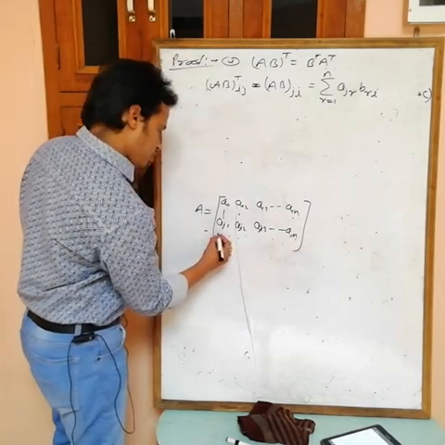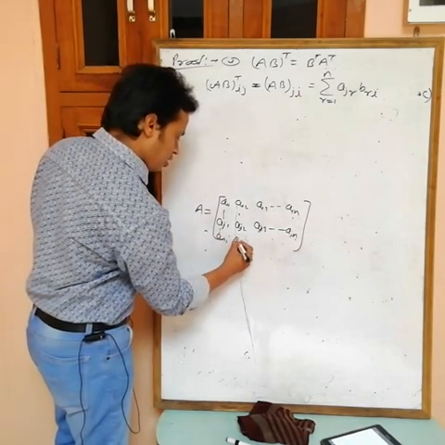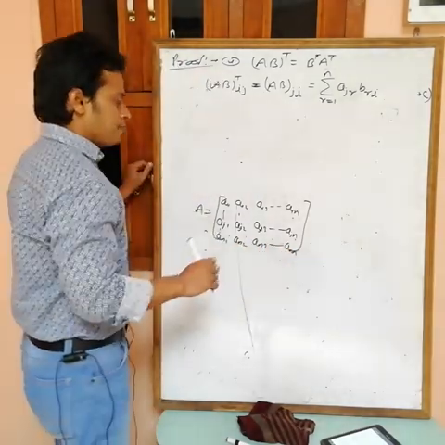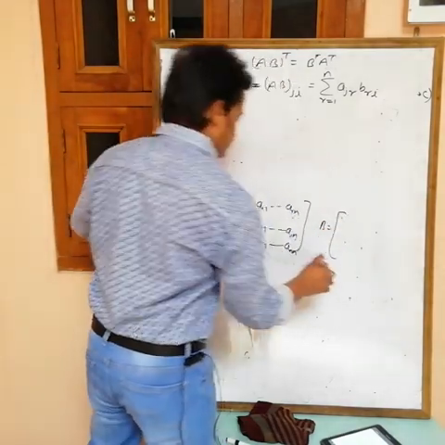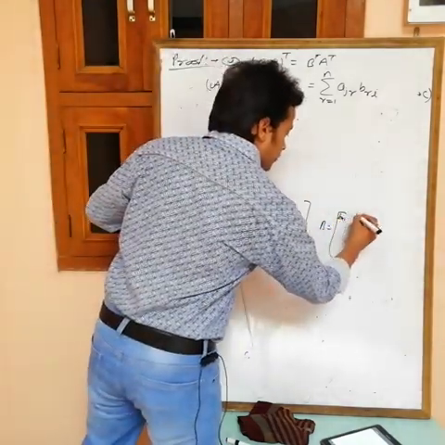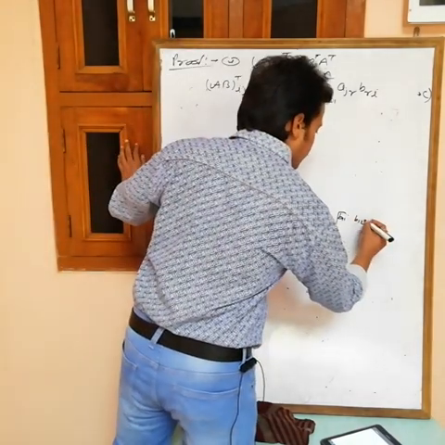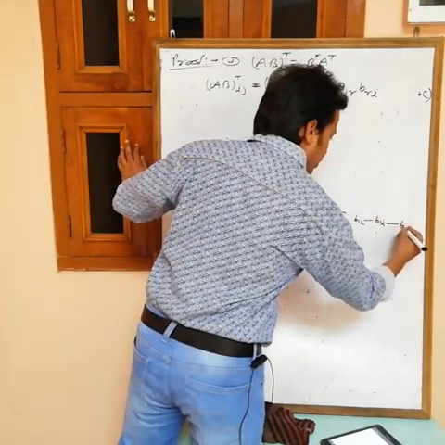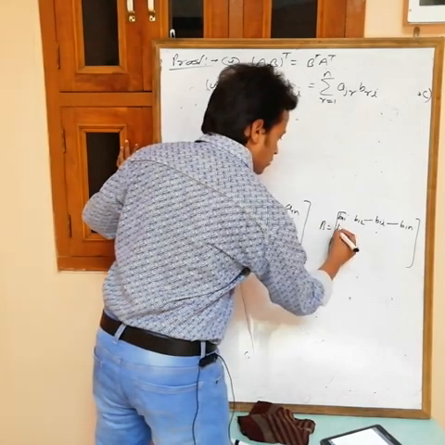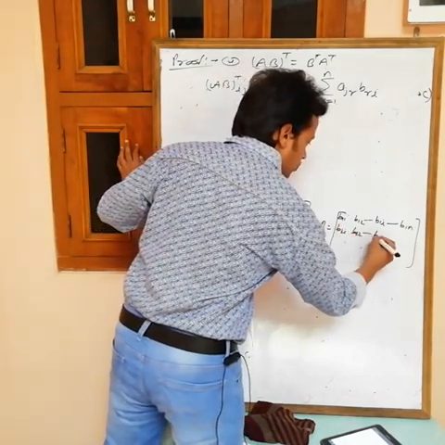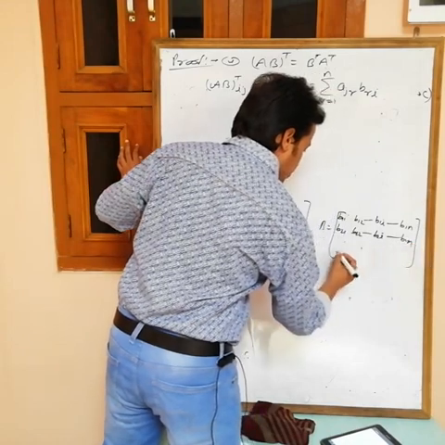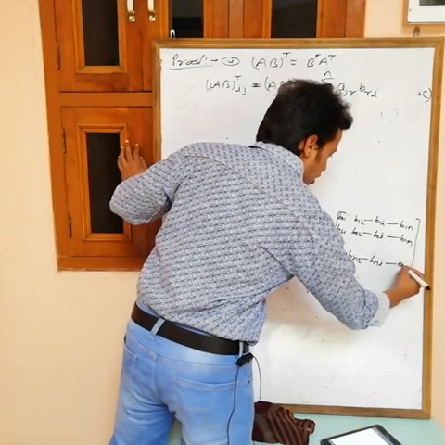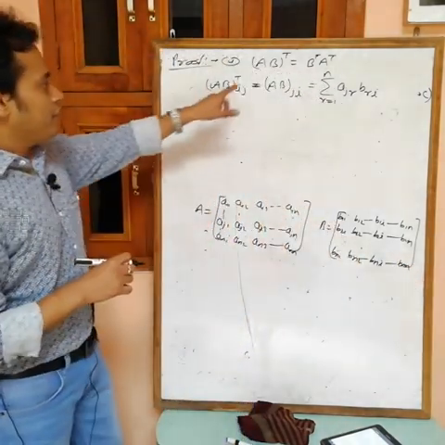At the end we have An1, An2, An3 and Ann. And B is B11, B12, and here we have B1i, the ith column, and at the end B1n, B21, B22, B2i and B2n. Similarly Bn1, Bn2, Bni, Bnn.